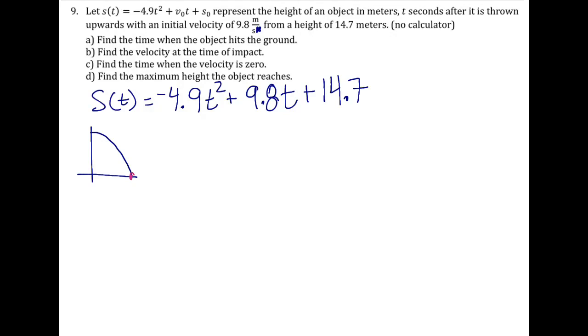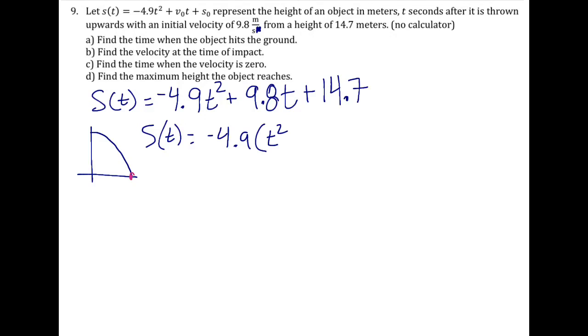So I need to factor this equation. I'm going to rewrite S of t in factored form. So I'm going to factor out that negative 4.9, pull that out front. And what am I left with? Well, I'm left with t squared. 9.8 divided by 4.9 is going to be plus, I'm sorry, not plus, because recognize the 9.8 is positive, but the 4.9 is negative.